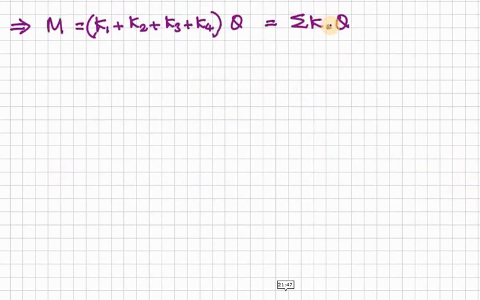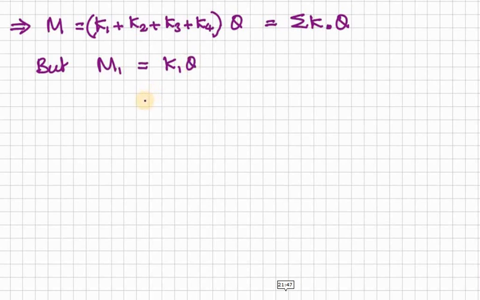Or M is equal to K1 plus K2 plus K3 plus K4 into theta, which is equal to sigma K, the summation of all the stiffnesses of the joint, into theta. Therefore, theta is equal to M divided by sigma K. And we know that M1 is equal to K1 theta.